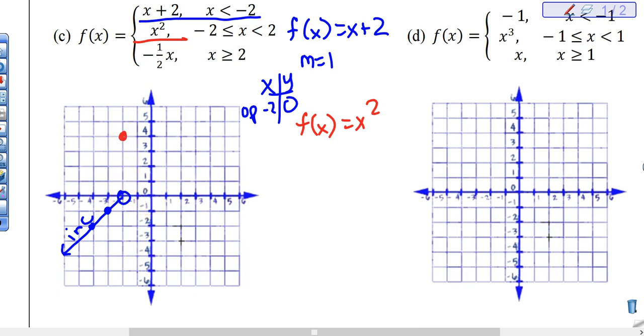Close it. -1 squared, 1. 0 squared, 1 squared, 2 squared, but keep it open because it's open on the x equals 2. So look at what this one's doing. Right now, what's it doing?